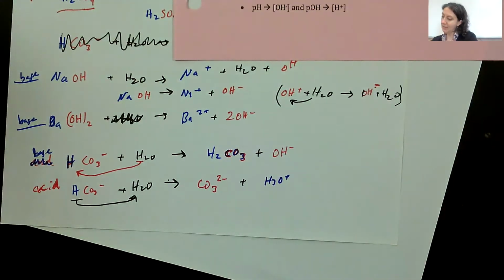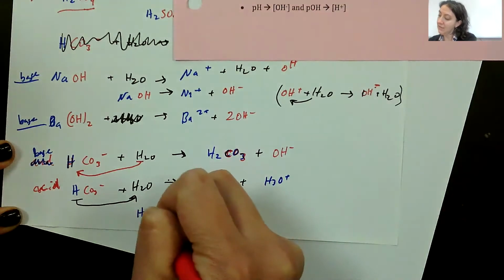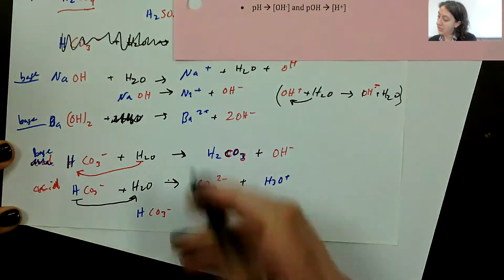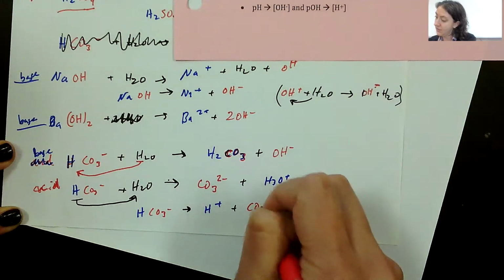Another way of thinking about this is that you've got HCO3 negative, and it's going to create a hydrogen ion and a CO3 2 negative ion.